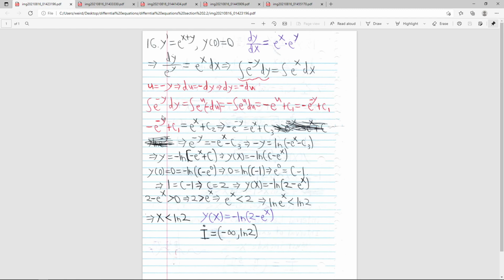The integral of e to the negative y dy is negative e to the negative y plus c1, because when you integrate e to the u or e to the x by itself, it becomes e to the u or e to the x. When you do it with u substitution, at least, it's like that. When you simplify down, you have negative e to the negative y plus c1.